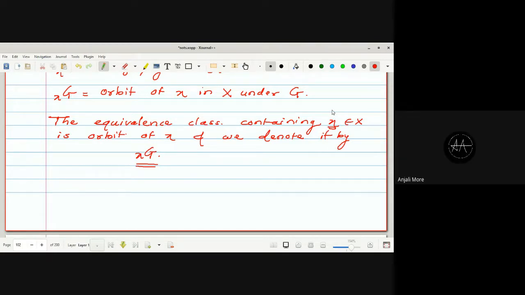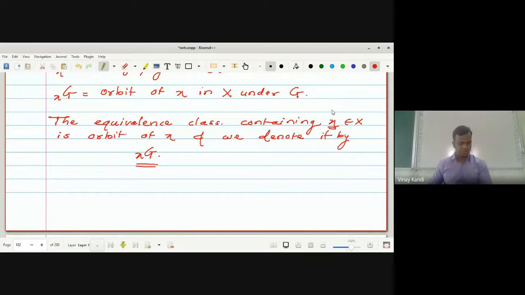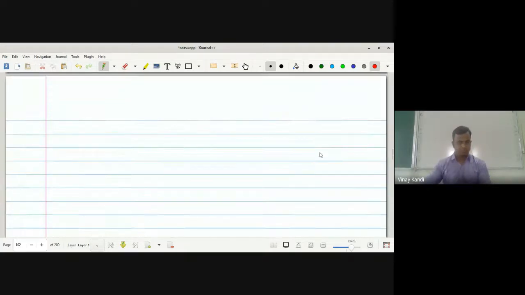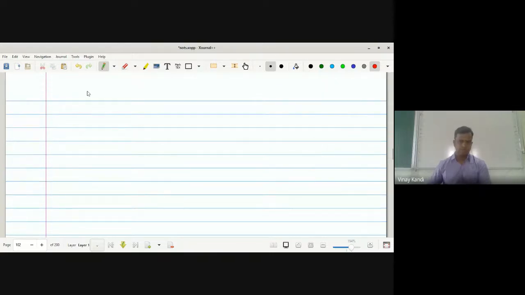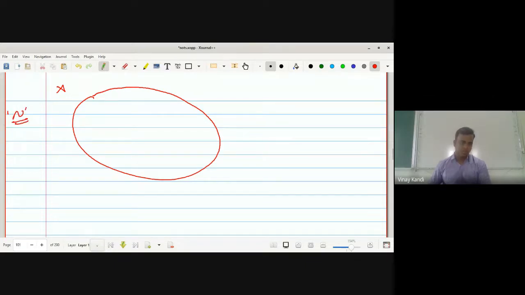No, sir. Okay, look at here. Suppose this one is set X, and this is the equivalence relation on this set capital X. What happens because of this equivalence relation is that the set gets partitioned. Suppose this one is the first part. Suppose the order of capital X is equal to n.